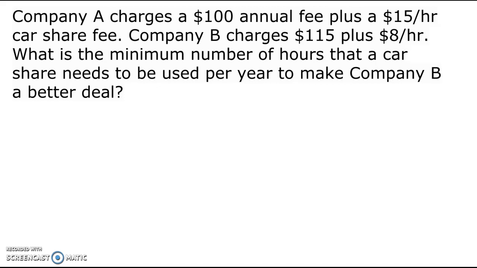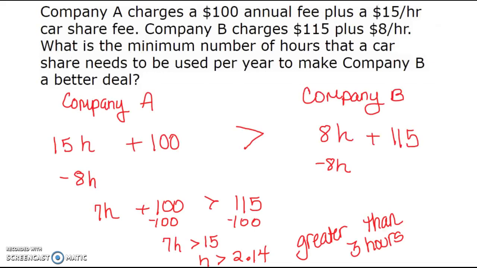All right, hopefully you've had a chance to do that. You can see here, Company A, $15 an hour times the number of hours plus 100. We want that total cost to be greater than Company B because we want B to be the better deal. Company B was $8 an hour plus the $115 yearly fee.